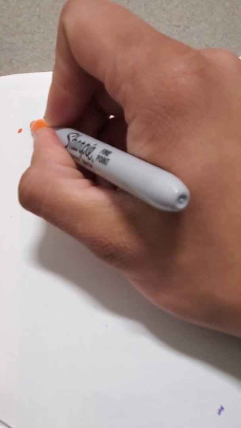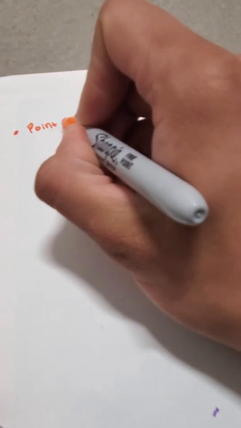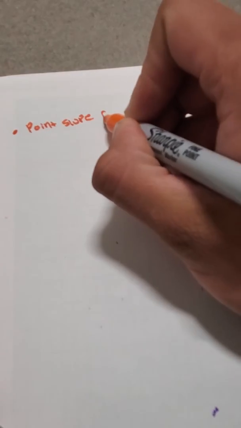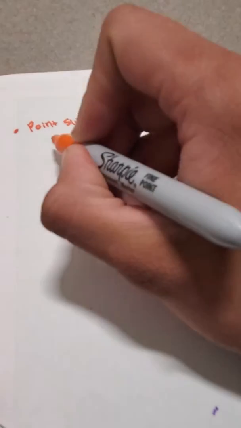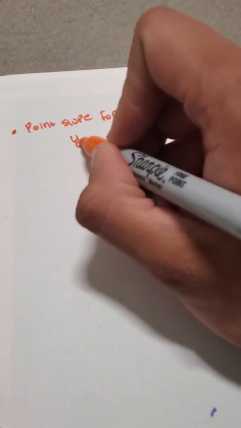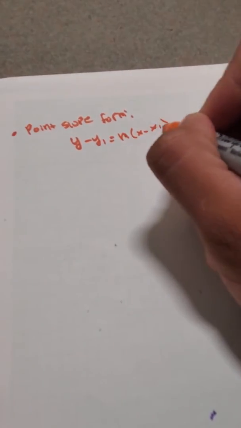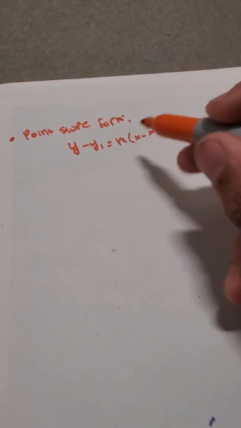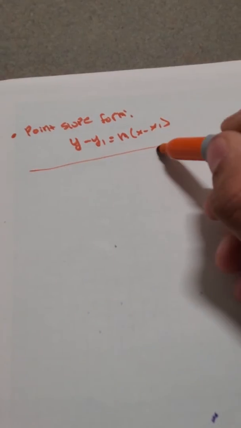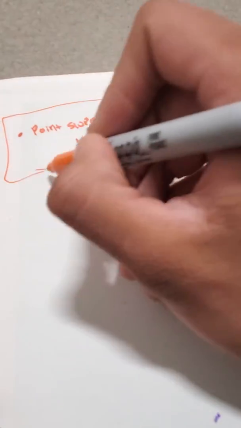We have the point-slope form, which is y minus y1 is equal to m times x minus x1. This is a really important formula for calculus, and we'll explain it in a separate video.